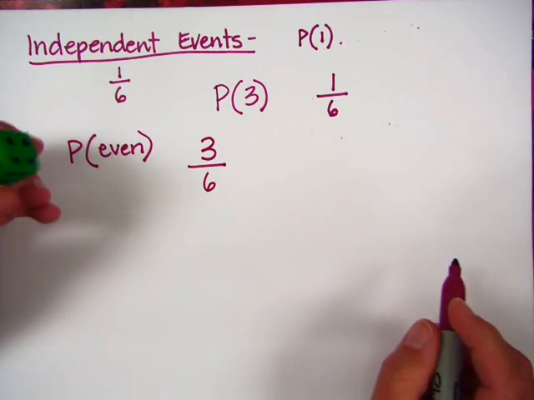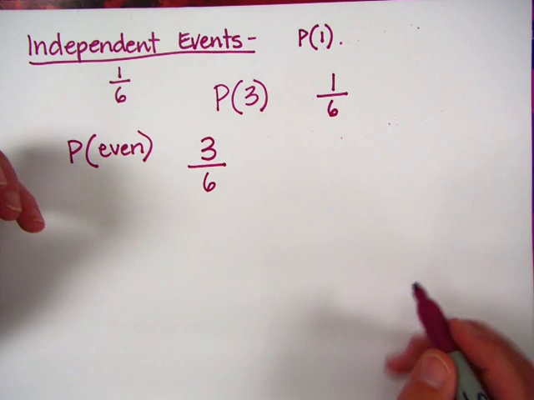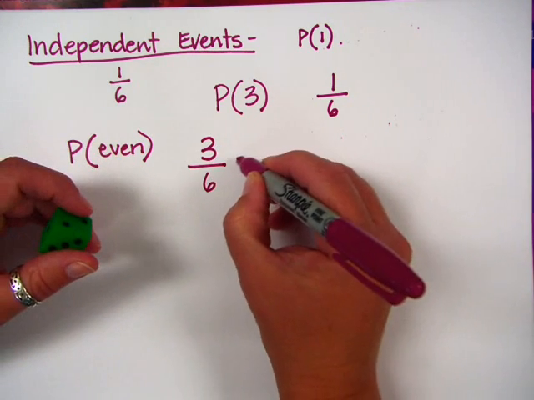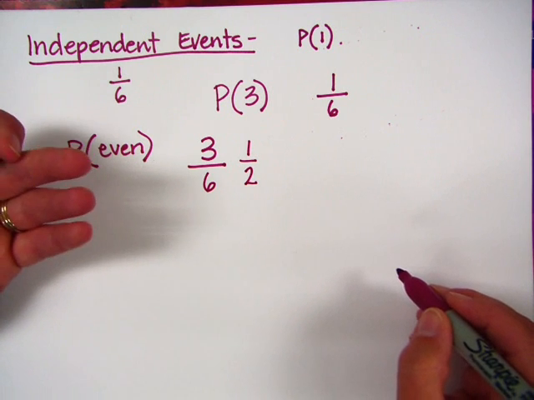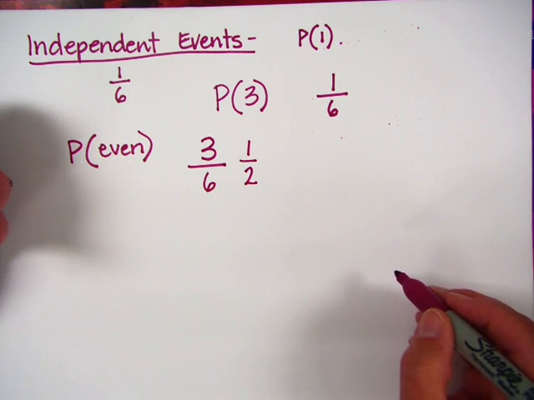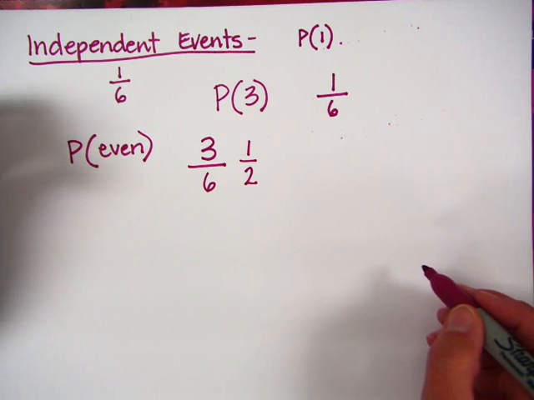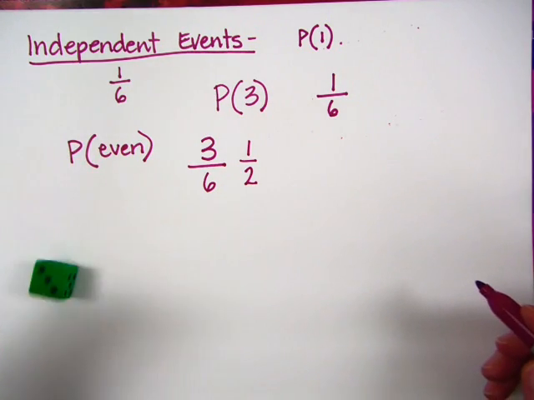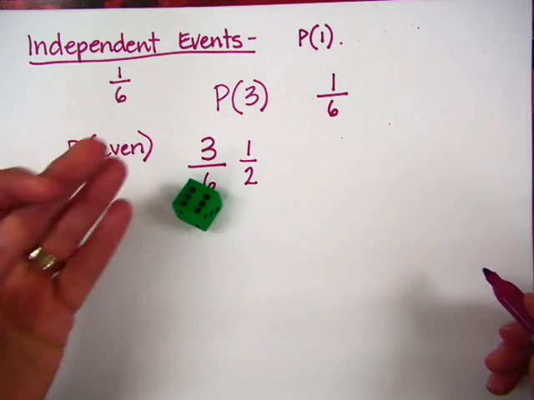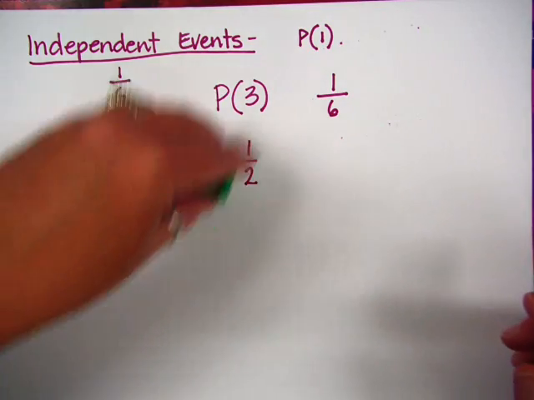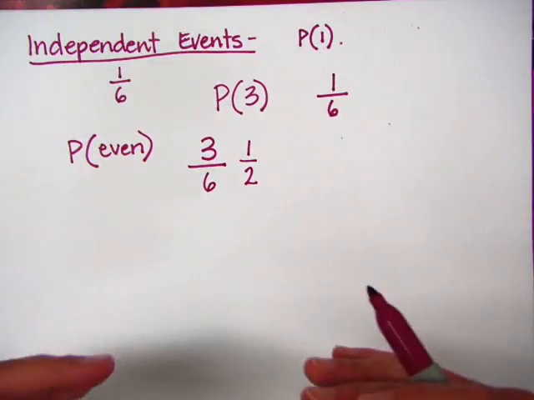So the probability of rolling an even number on a dice is 3 out of 6, which is also equal to 1/2, or as a decimal, 0.5, as a percent, 50%. So do you see independent events? It doesn't matter what I do as far as the dice. It's an independent event because nothing else is interacting with it.